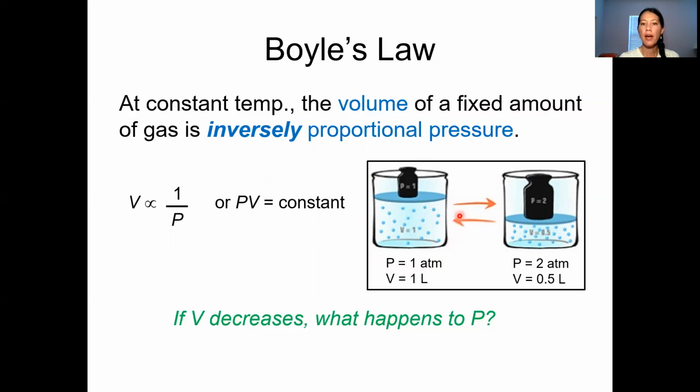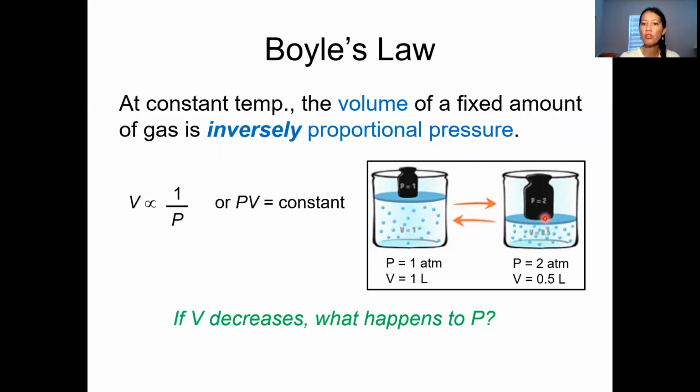So let's look at this. If I have a gas in a cylinder at a certain pressure, so here I have a volume of 1, a pressure of 1, it really doesn't matter. But what you'll see is if you increase the pressure, and here I'm just going to make a weight twice heavy enough to create a pressure of 2, so double the pressure.